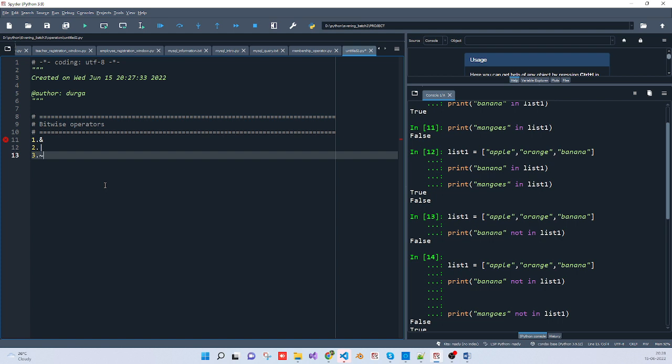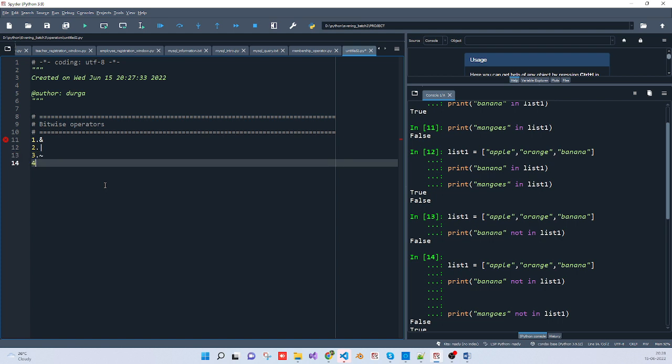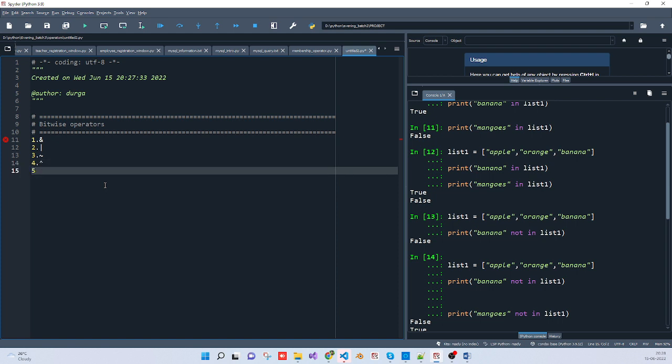This is the negation or NOT operator. Then the fourth one is XOR. XOR is the caret operator, and the caret is there on number 6 on the keyboard. Next, the fifth one is right shift.